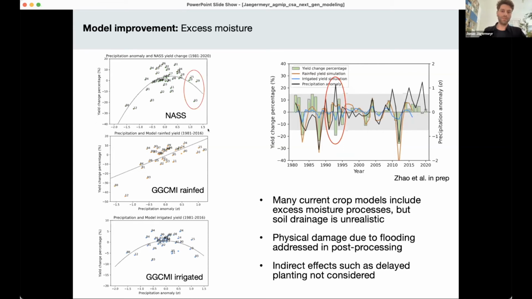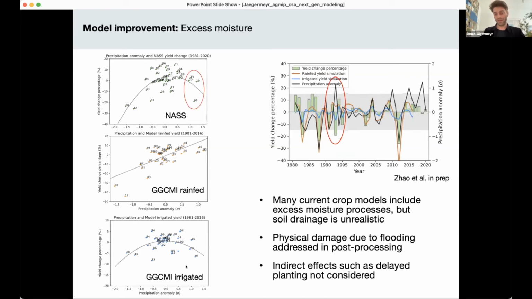Here on the left-hand panel, US Corn Belt yields provided by USDA-ARS show a leveling off, a decline, with very high levels of precipitation. And the crop model response, this is the CMIP6-based crop model ensemble, for rain-fed yields shows no response, no leveling off at high precipitation anomalies.